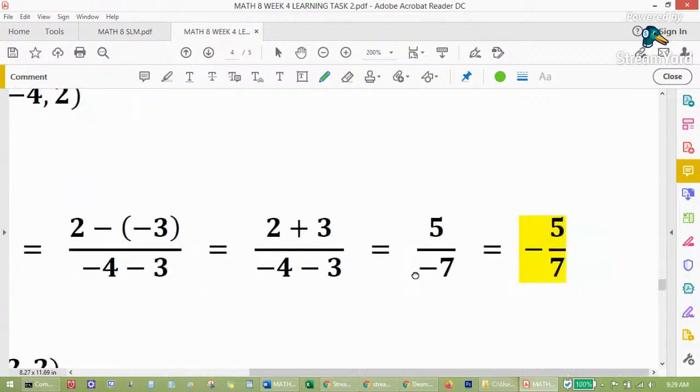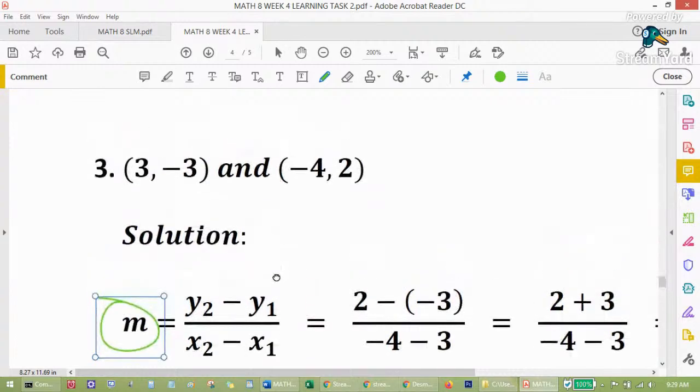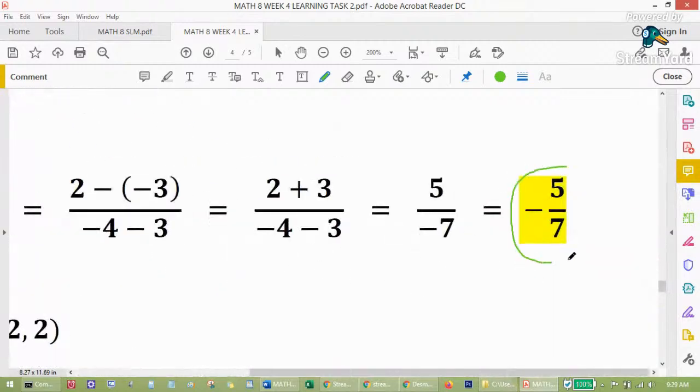Okay? And then, positive divided by negative is negative 5 over 7. Simplest form is negative 5 over 7. Okay, so the slope for number 3 is negative 5 over 7.